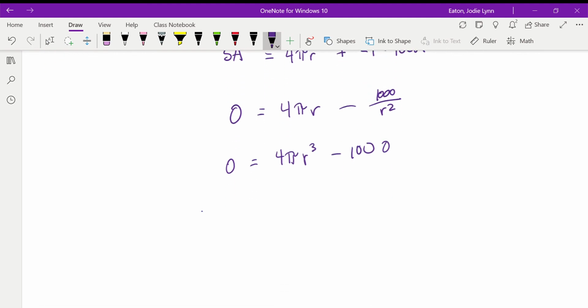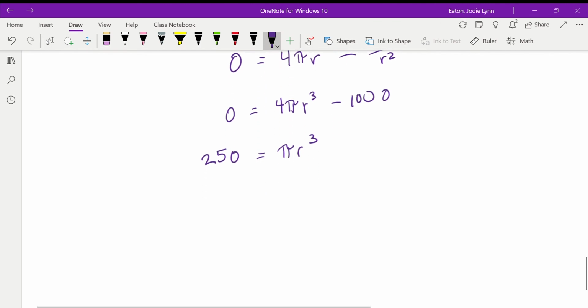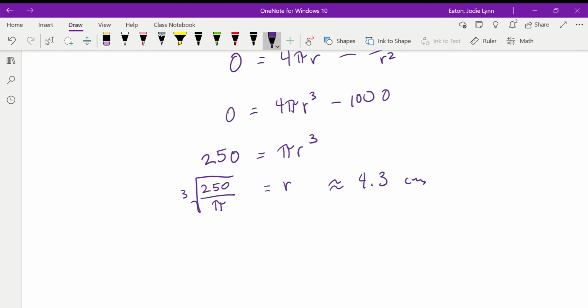Rearranging the equation and dividing by 4, we get 250 is pi r cubed. And rearranging again, dividing by pi and taking the cube root, we get r equals the cube root of 250 over pi. And that radius is about 4.3 centimeters.